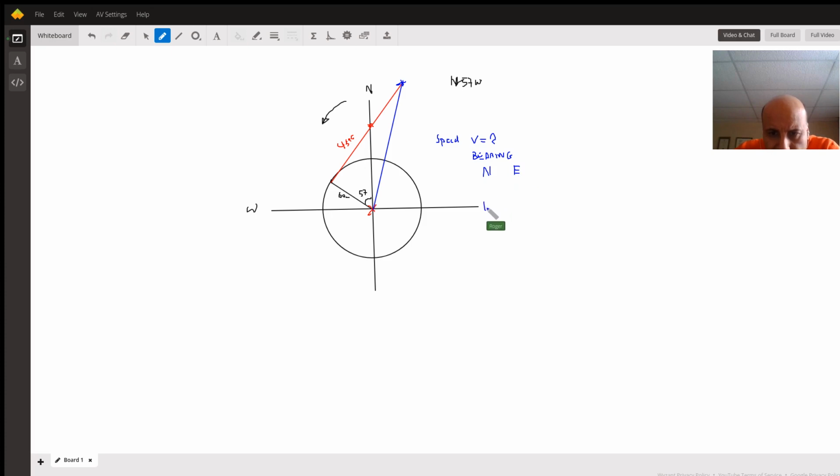Because this is the east side. When you rotate from this side like that, your bearing will be north, east. And when you rotate from here, the bearing was northwest. So we know that when you shot the bee, the bearing was northeast. But we do not know what this angle is to determine the angle of the bearing.